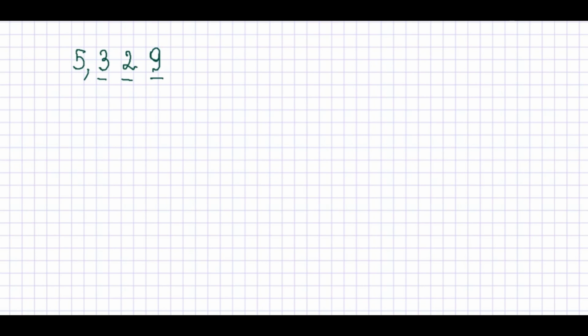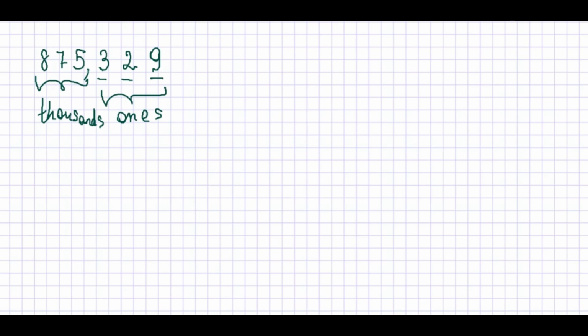So, one period finishes and another period starts. This is a period of ones. If we add another number like 7, 8, and these 3 digits, they form another period that is called thousands. So we have ones period with 3 digits, 3 places.